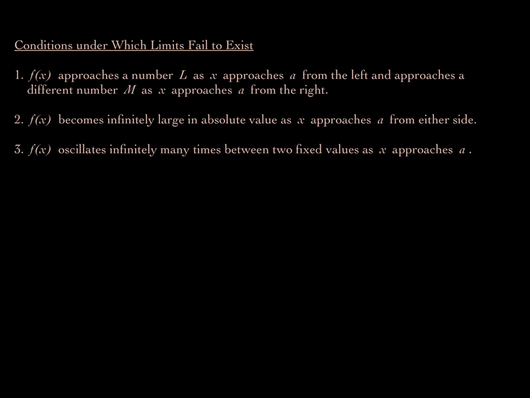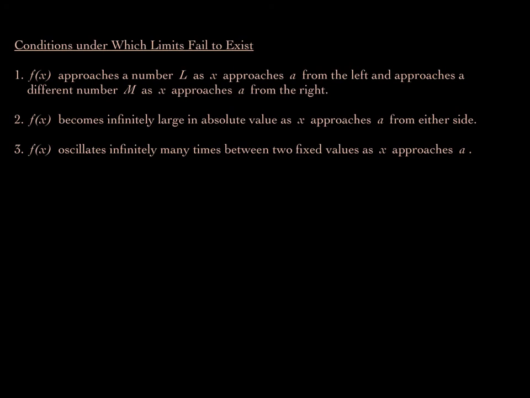First, f of x, the function values, approaches a number L as x approaches a from the left and approaches a different number m as x approaches a from the right. This describes what happened when we were dealing with that piecewise defined function a few minutes ago. From the left, the function values were approaching 3, while from the right, they were approaching 1. And so the limit failed to exist.